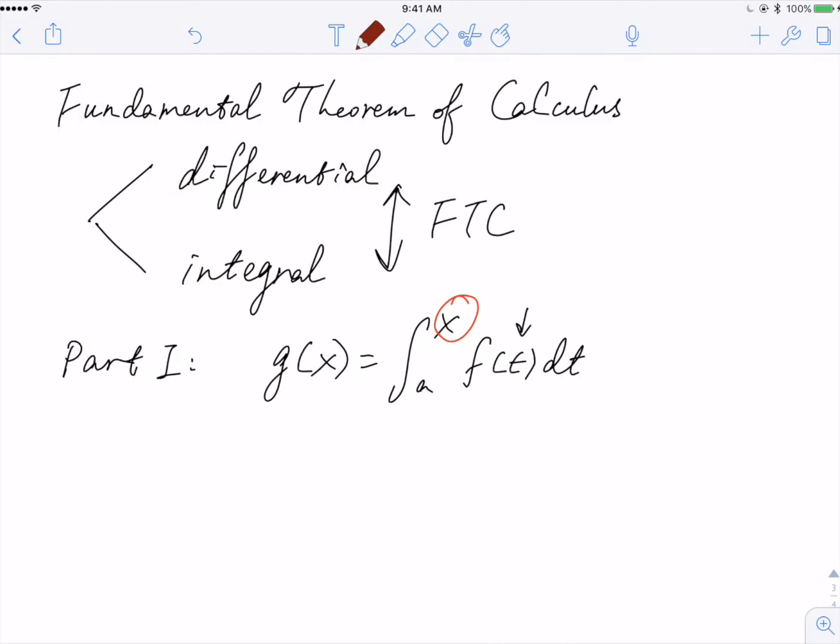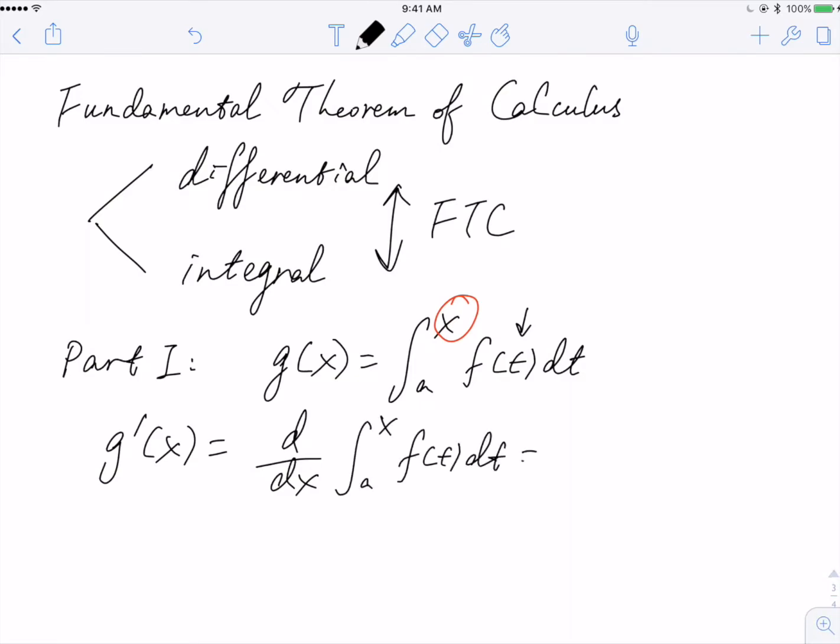So don't confuse yourself. So if we want to find the derivative based on the integral, we'll just say g prime of x equals d/dx of the integral from a to x of f of t dt. That's going to be equal to just f of x.